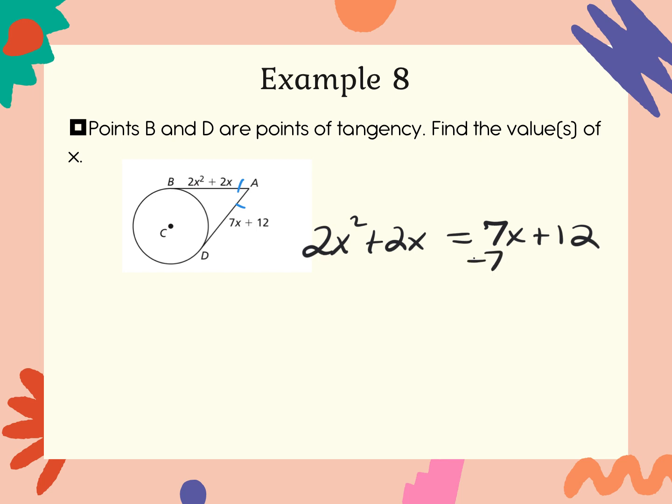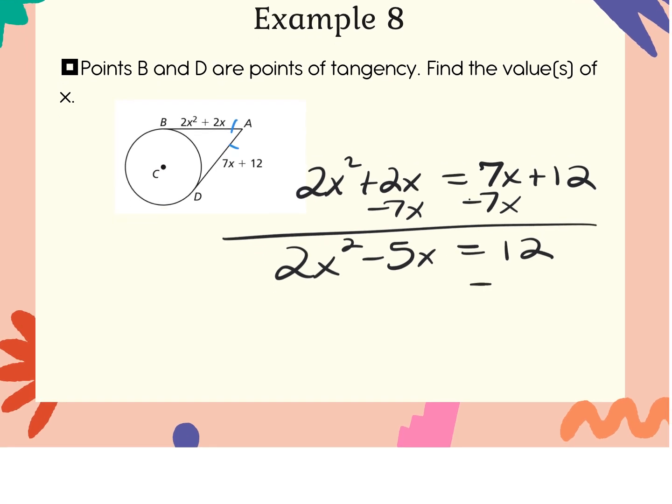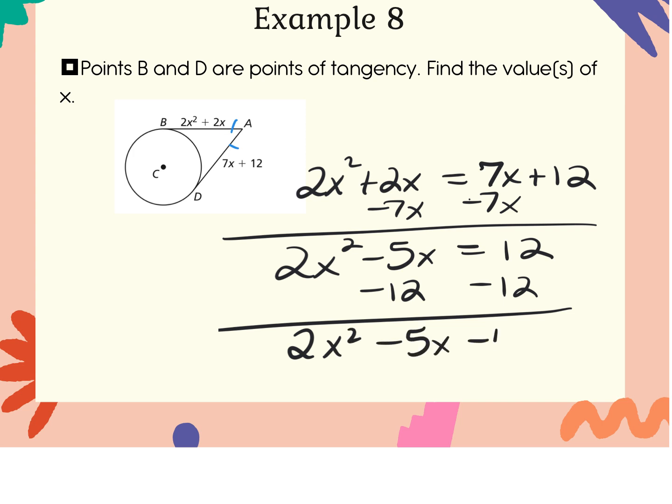So I could subtract the 7x from both sides. I now am left with 2x squared minus 5x equals 12. Subtract the 12. 2x squared minus 5x minus 12 equals 0.